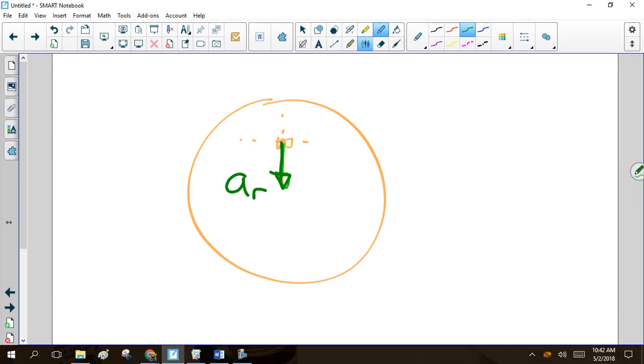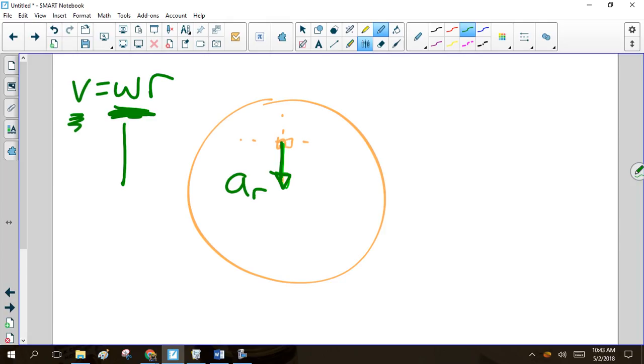And since the angular velocity is constant, remember you guys, v is omega r, right? If this is staying constant, what's happening to the linear velocity? Your angular velocity is constant. What are we doing to the arm though? We're pulling it in, right?